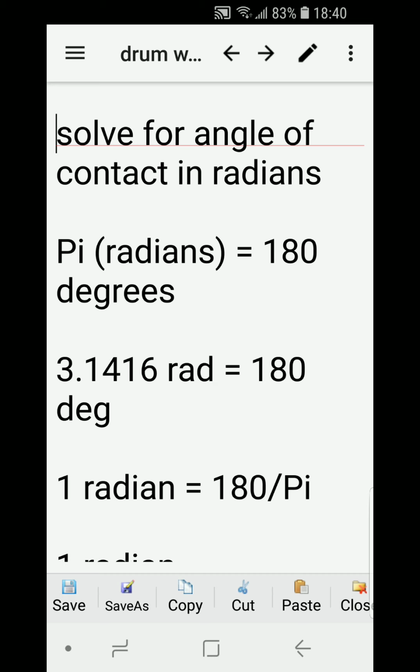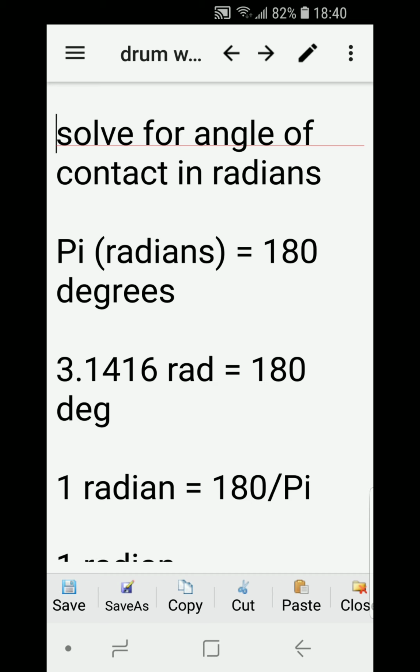Now we need to remember that pi radians is equal to 180 degrees. So pi, which is equal to 3.1416 radians, is equal to 180 degrees.